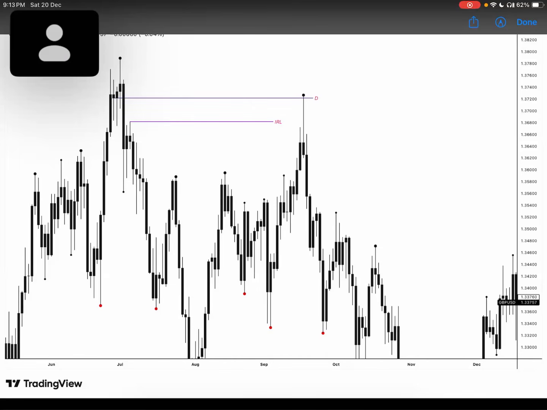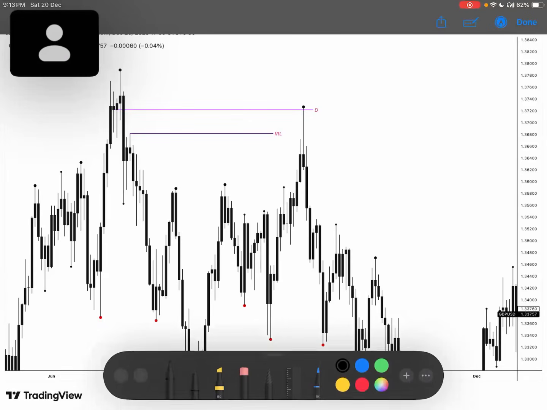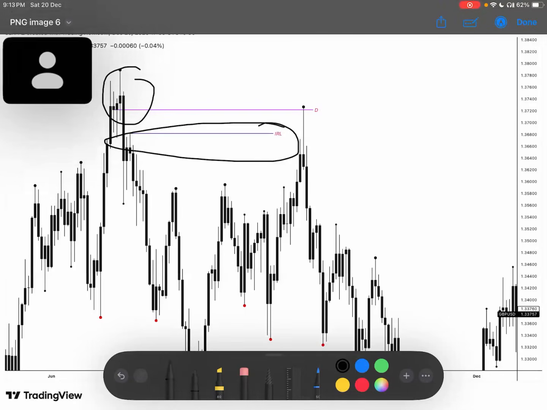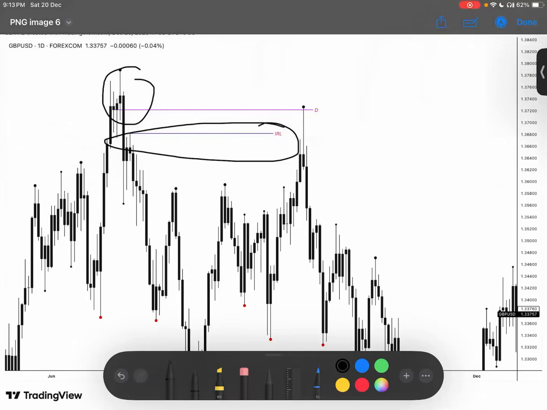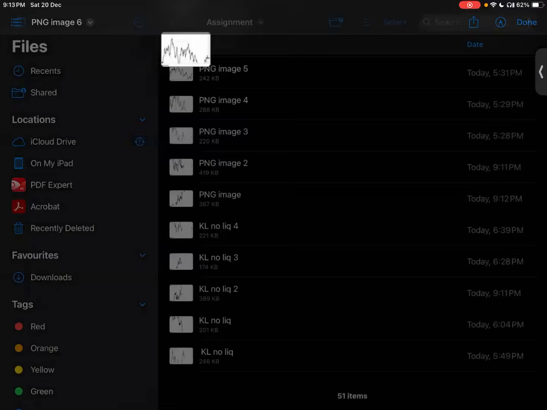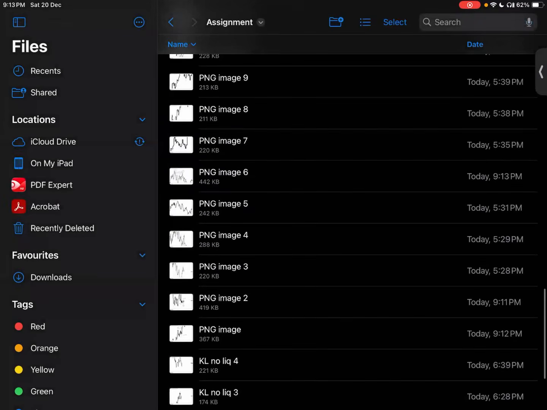We need a sponsoring key level to make the move. So that happened here. After taking the liquidity here, the key level has the potential because these are all higher time frame, right? That higher time frame key level has sponsored the move and made the move an expansion for us. Understand, guys? Now let me show you another example.